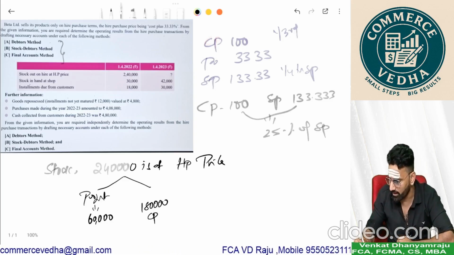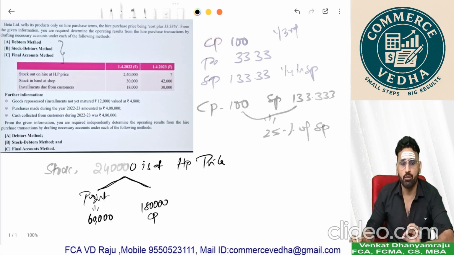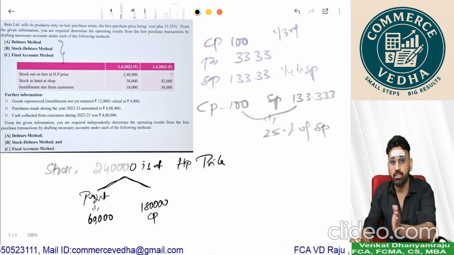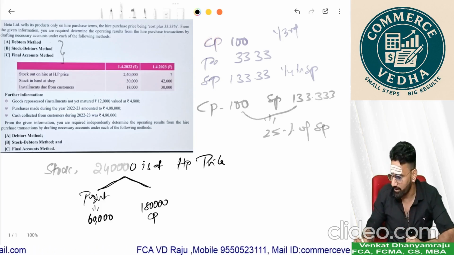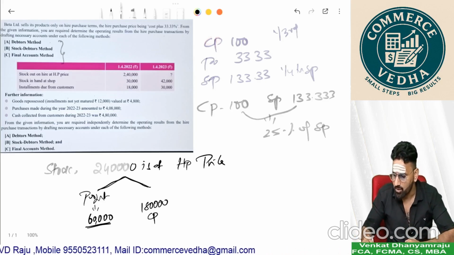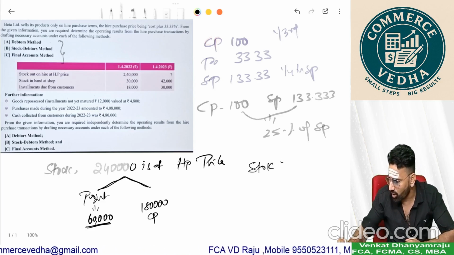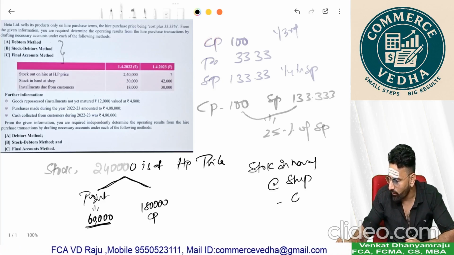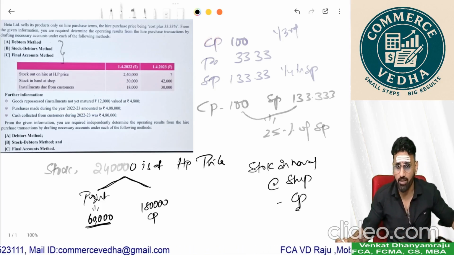See, whenever there is hire purchase, the hire purchase price includes profit, which is 33.333% on the cost or 25% on the hire purchase price. In this case, the profit element is 60,000. Similarly, stock in hand at shop is always at cash price, so it is not at hire purchase price, because at the shop means main shop.